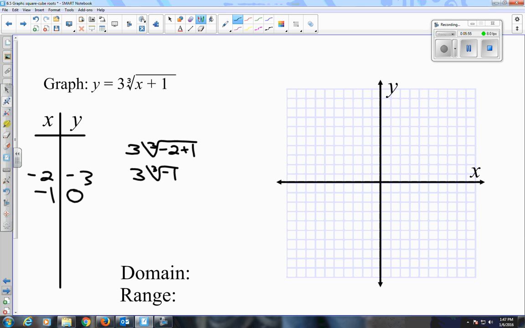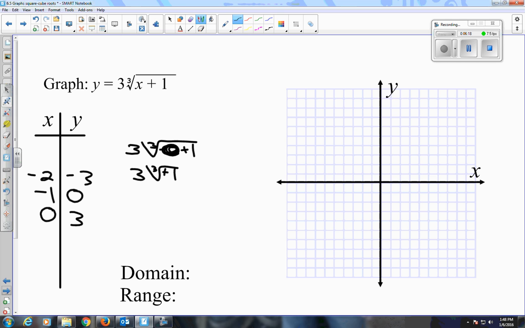Let's go the other direction. What would I choose x to be if I wanted this all to be 1 under here? 0. If I made this 0, 3 times the cube root of 0 plus 1, that's just going to be 3.